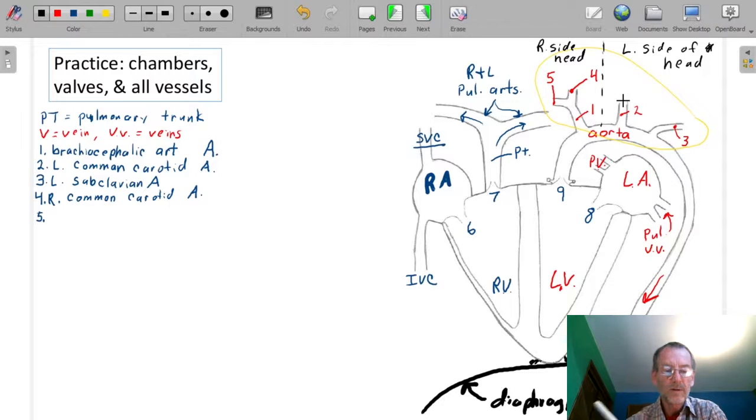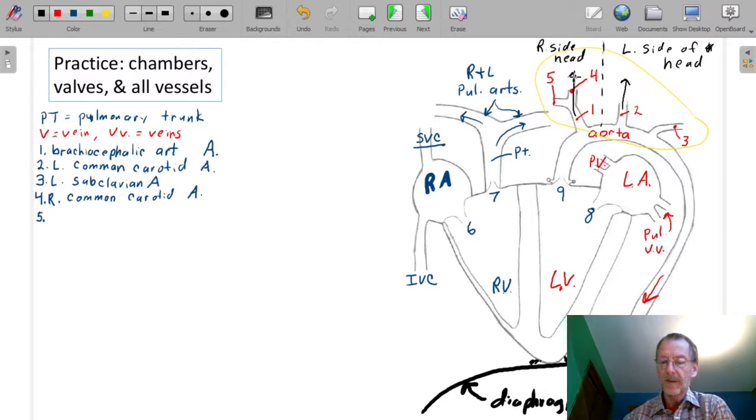So number 2 is carrying blood up through the left common carotid up into the head. So it's coming right up this side on the left side, coming off the arch and going straight up into the head. On the other side, for the right side, the blood comes off the arch, goes through the brachiocephalic trunk, and then goes up through the right common carotid artery. So you have a left and a right, and they're both going up to supply both sides of the head.